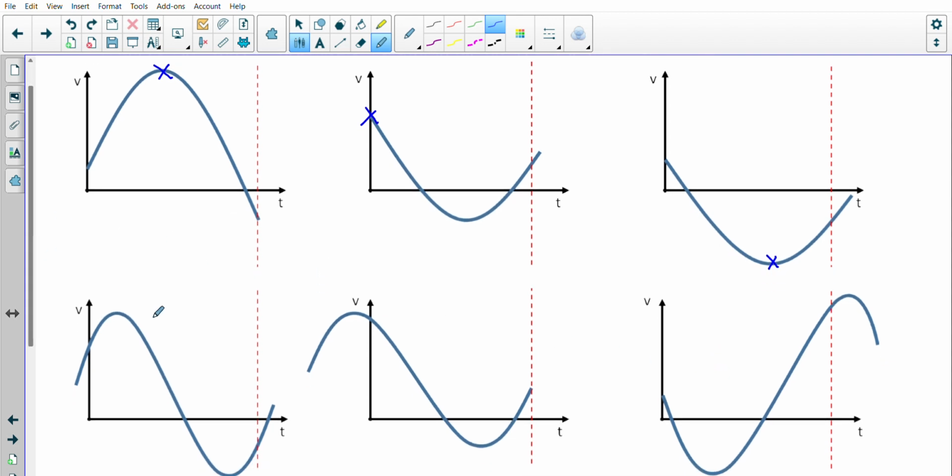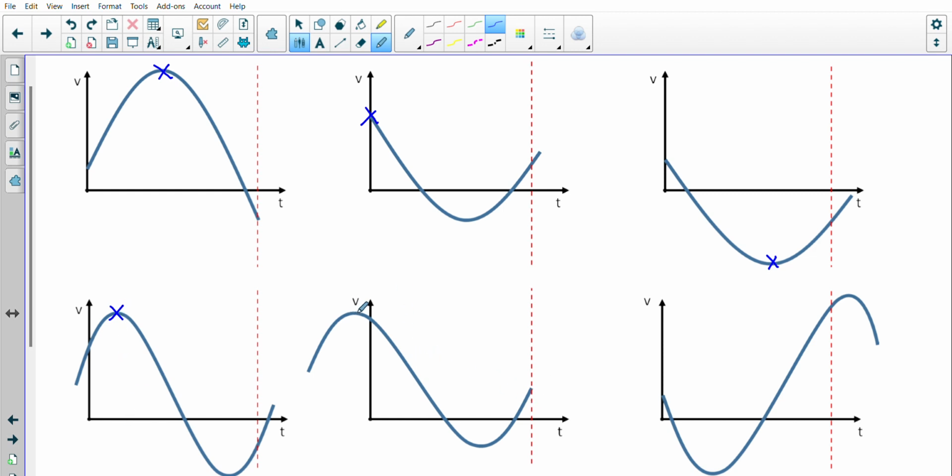If we look at this one, the largest velocity I can see there is probably going to be this point up here. It looks further away from 0 than that one does there. So the greatest speed will be there. And again, that is not 0 or 4 for t. It could be 1 for t, around there.